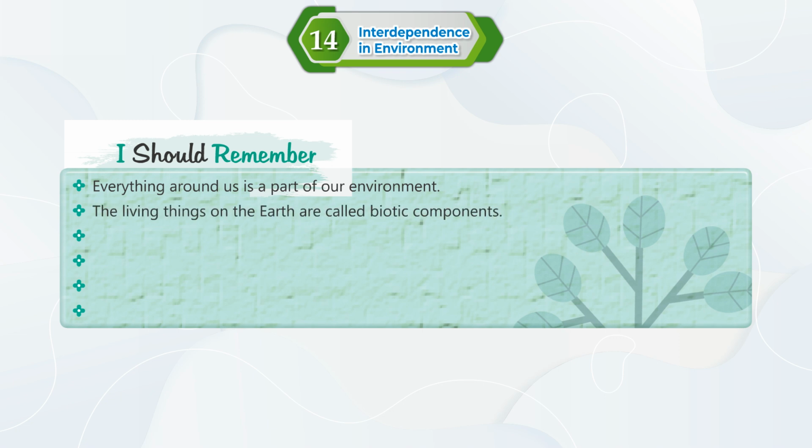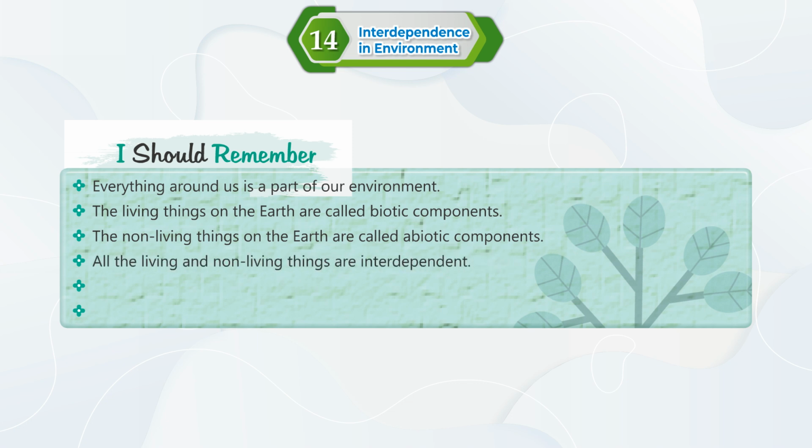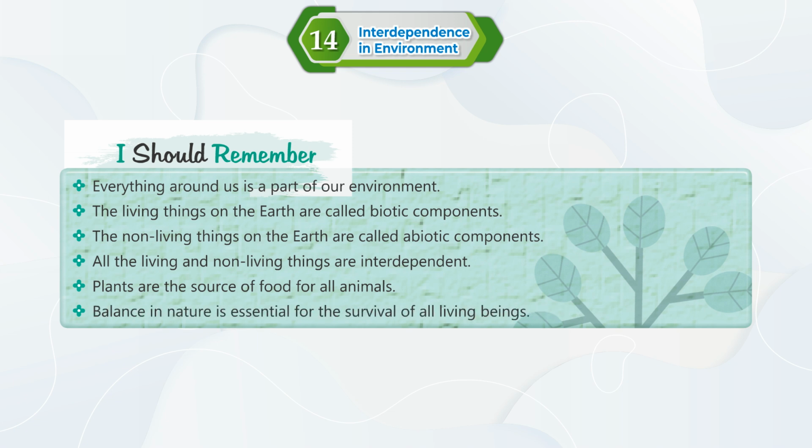The living things on the earth are called biotic components. The non-living things on the earth are called abiotic components. All the living and non-living things are interdependent. Plants are the source of food for all animals. Balance in nature is essential for the survival of all living beings.